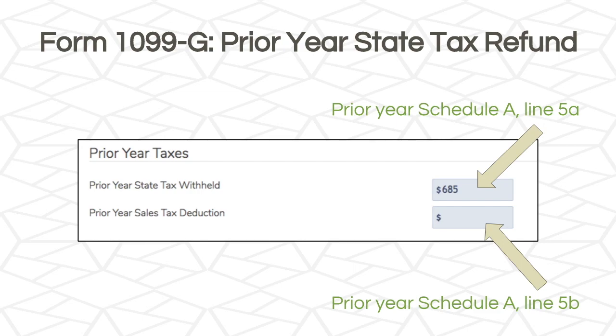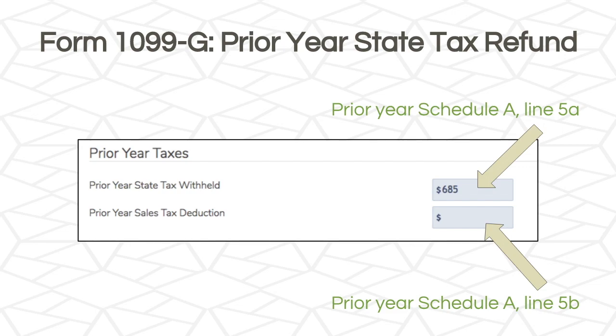So the first blank is going to be a prior year state tax withheld that you can find on their prior year Schedule A, line 5A. And then it's going to have a place for a prior year sales tax deduction, and that will be found on their prior year Schedule A, line 5B.